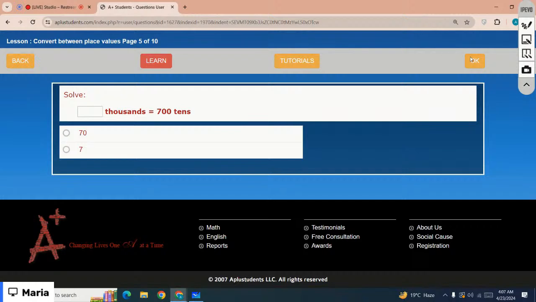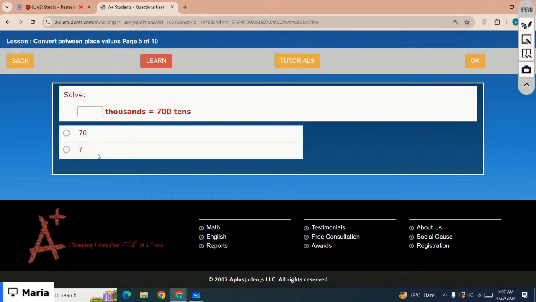700 tens equal how many thousands? The correct option is 7 thousands.